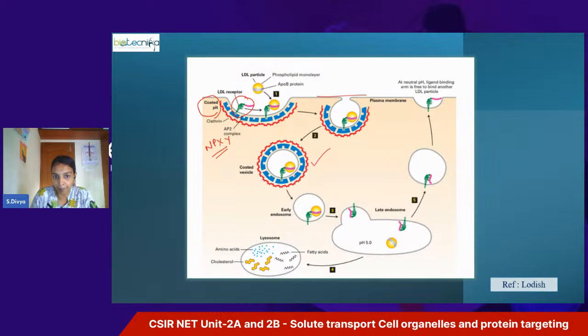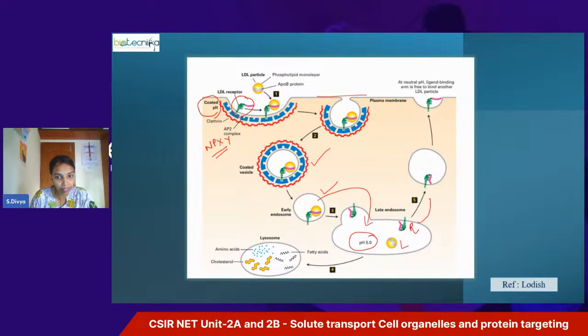The coated vesicle is separated, undergoes uncoating, and moves from early endosomes to late endosome. Here you have low pH compared to the early endosome. So the receptor and the ligand will be separated.